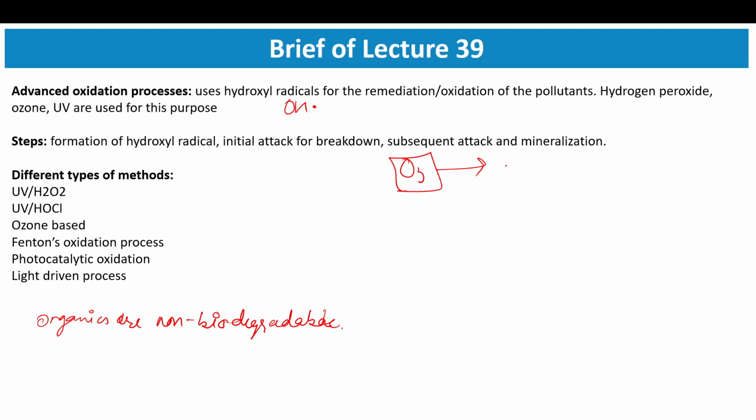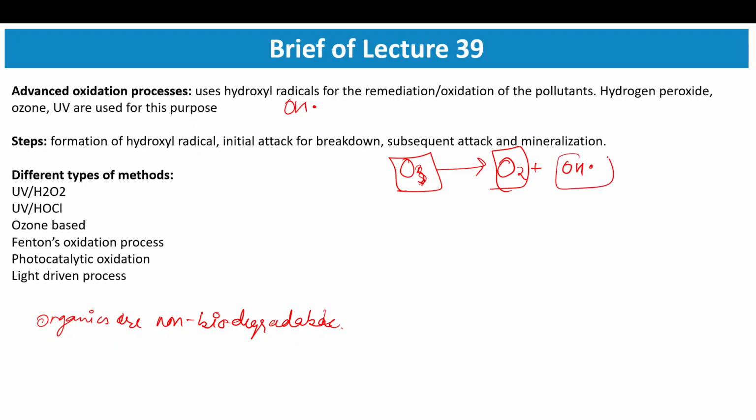O3 forms O2 plus hydroxyl radical. So water will be there, and if you supply ozone in that, O3 will get converted into oxygen and the hydroxyl radical. The steps involved in this process are nothing but the formation of the hydroxyl radical.